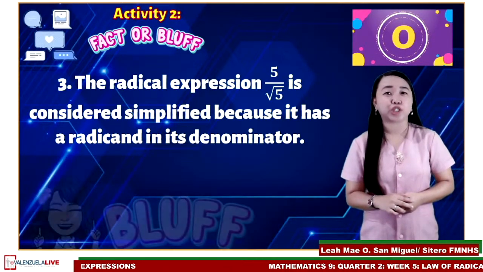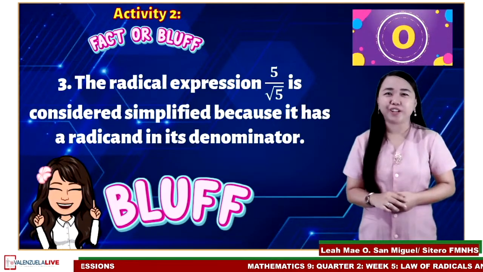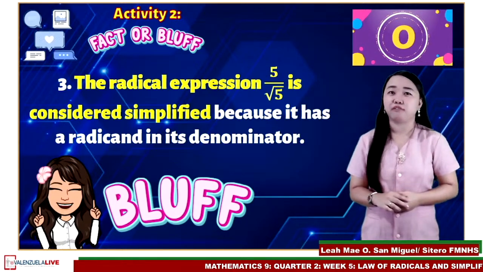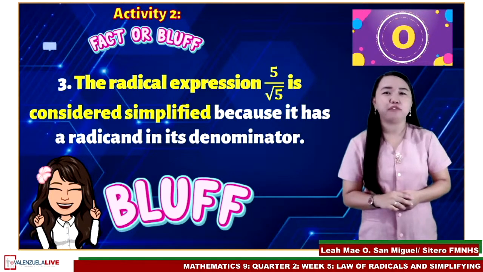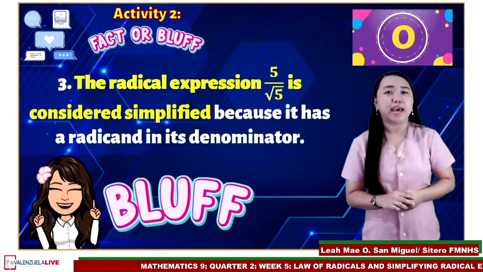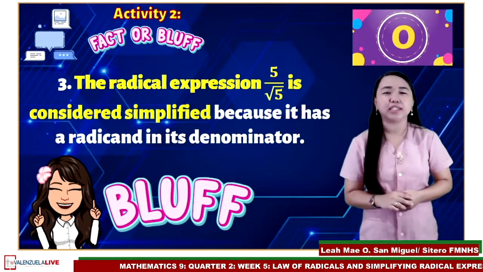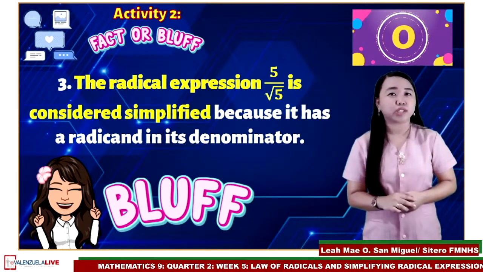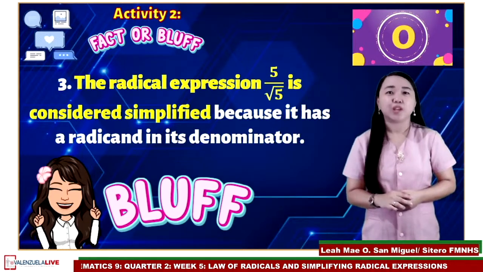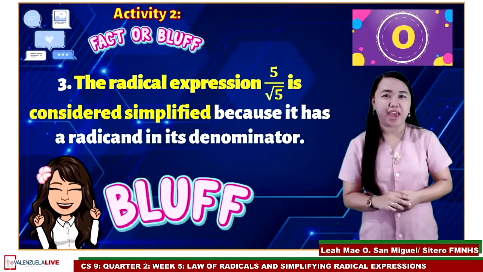If you answered bluff, you are correct. Very good. The radical expression 5 over square root of 5 is not yet in simplest form because it has a radical in the denominator. Using rationalization, its simplest form is square root of 5.